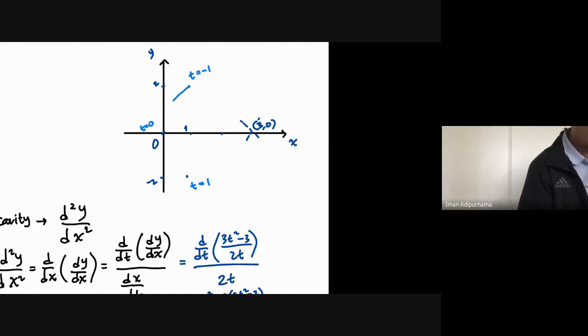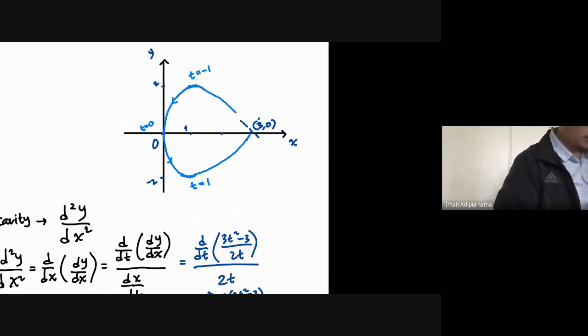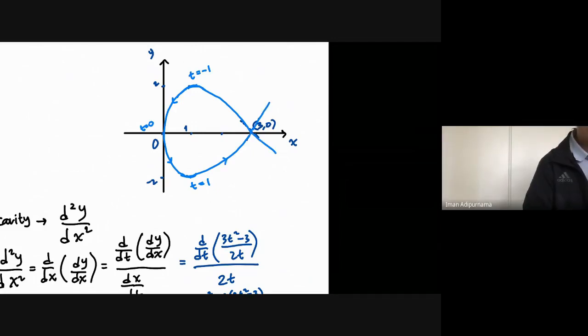So going here and there. So we need to draw carefully to show this. This is a horizontal tangent here. And going down here. And here. And this going up, this going down. So this is the arrow.